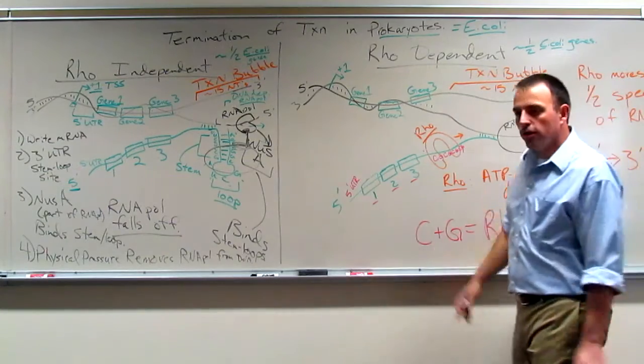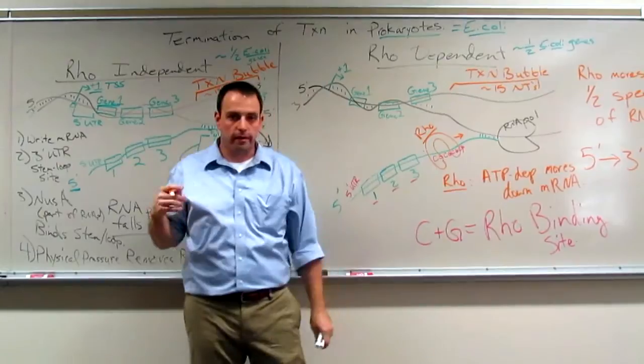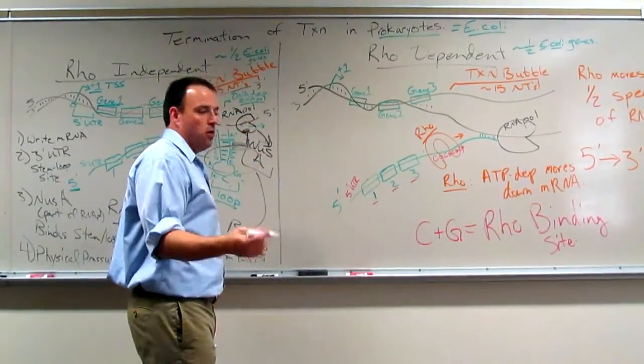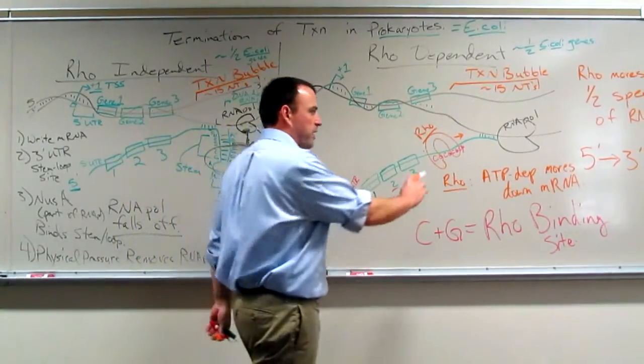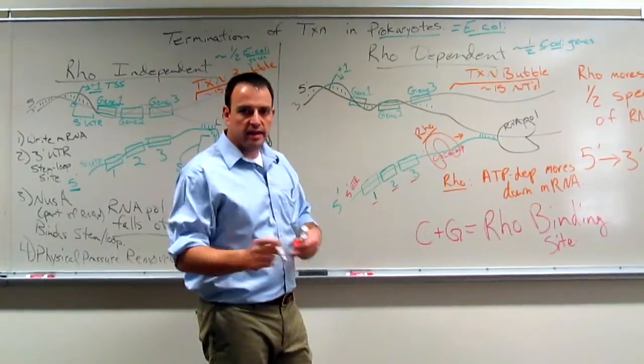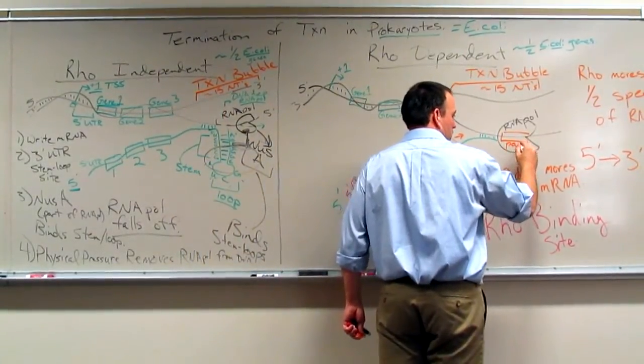So, how does Rho ever catch RNA pol? Both of them are running to the left. How does RNA pol ever get caught by Rho? Great question. What happens is, usually a few hundred bases downstream of the Rho binding site is a site on the DNA called the pause site.